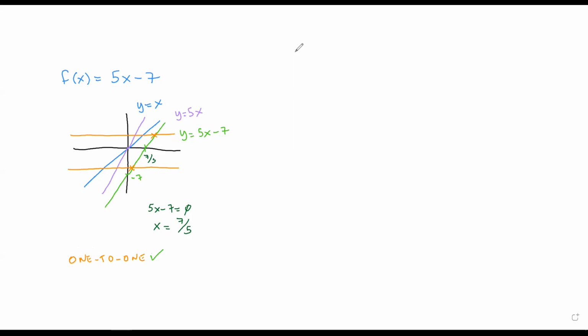How do we find the inverse? Basically, to find the inverse of the function, we're going to substitute x for y and y for x.